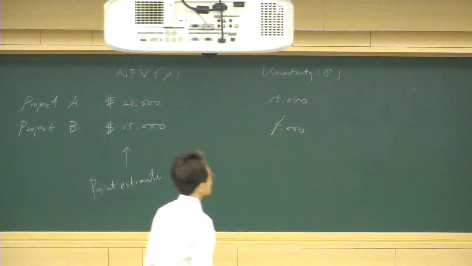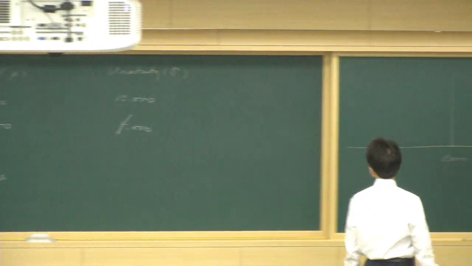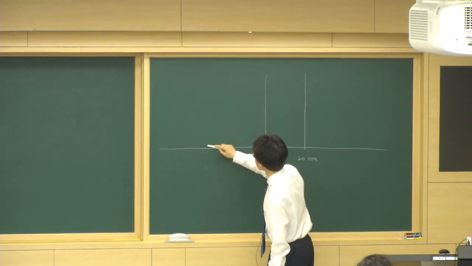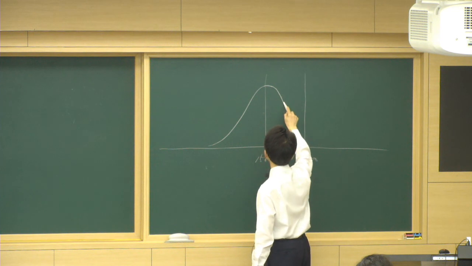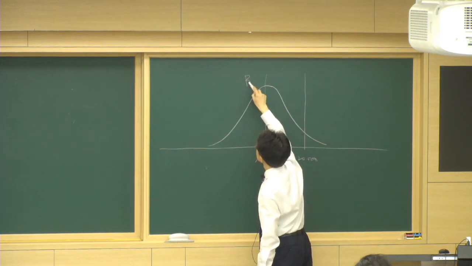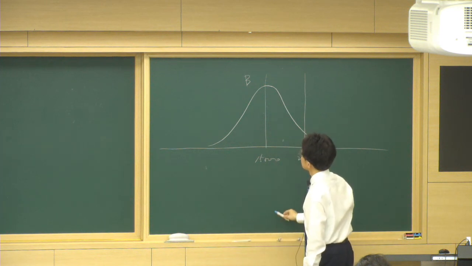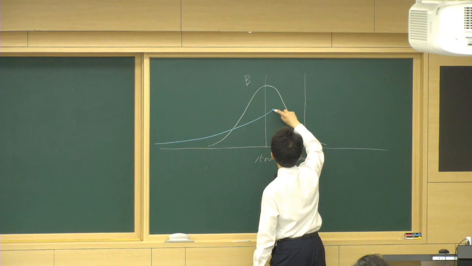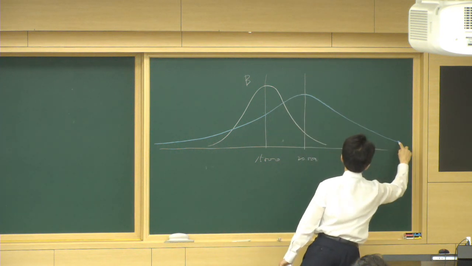But suppose we now have extra information about uncertainty, then that means that this one will look like this. That's B. And A will look like this.